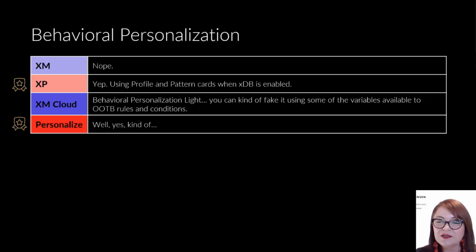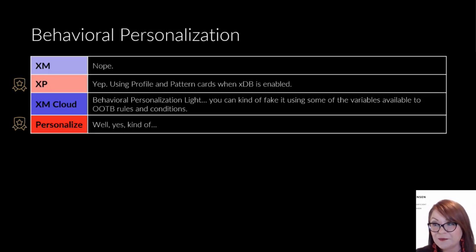With XM Cloud, there isn't really behavioral personalization, but you can kind of fake it a little bit with the rules that are available, with some of the variants and that sort of thing. So you can do some, like, if they saw this piece of content, then show them that. You can do a certain kind of behavioral personalization light with XM Cloud.